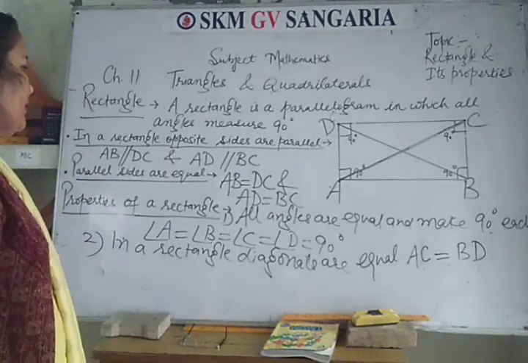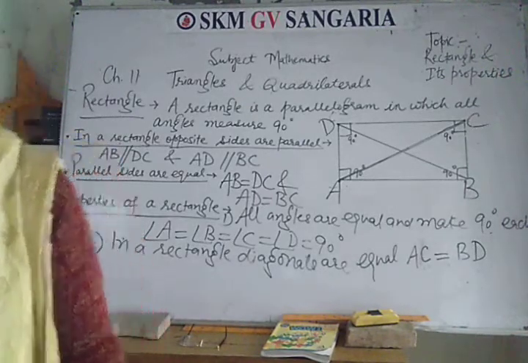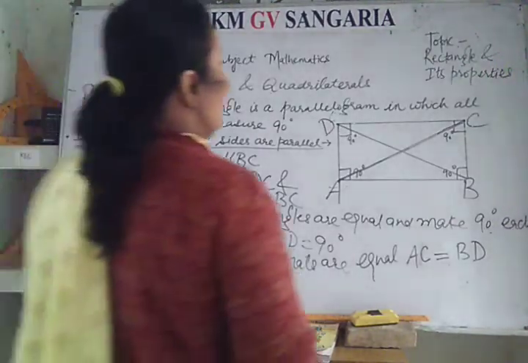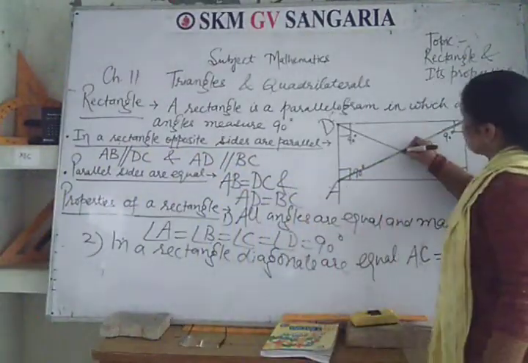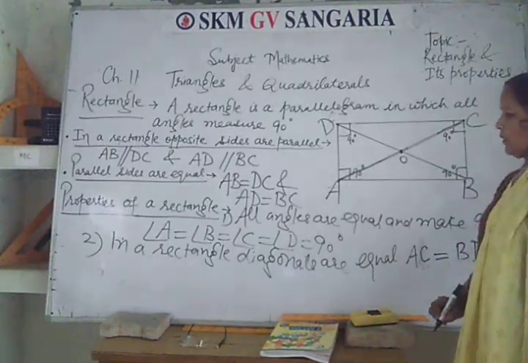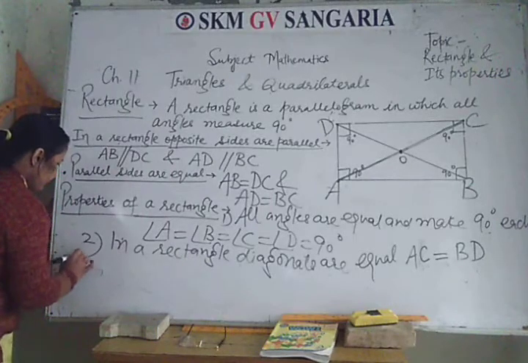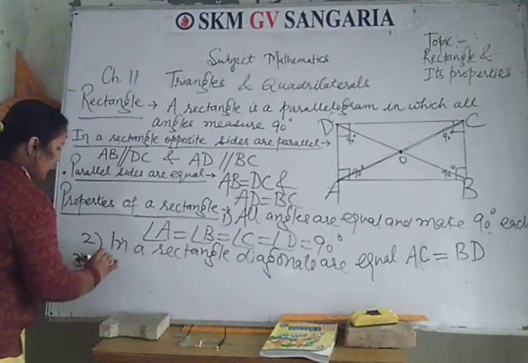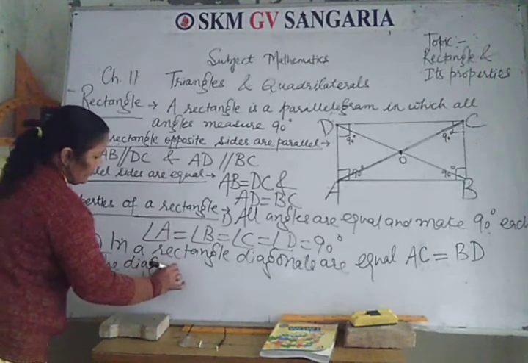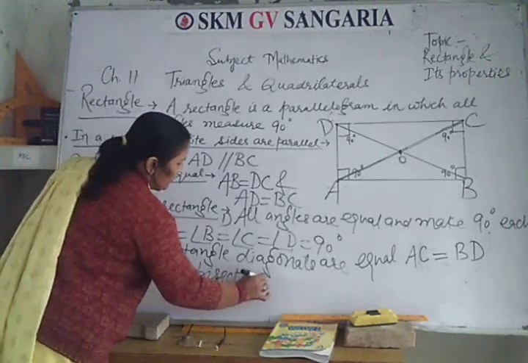Then diagonals of a rectangle bisect each other. These are intersecting each other, suppose at point O. So we can say in the third property, the diagonals bisect each other.